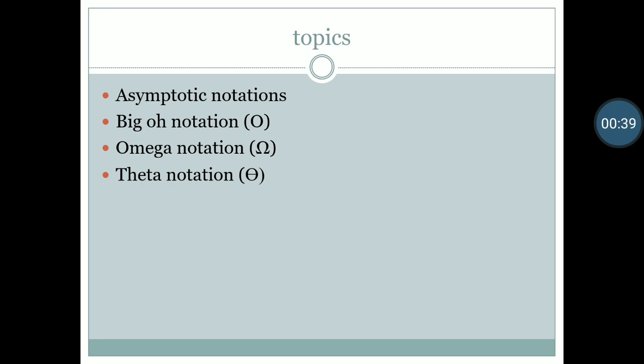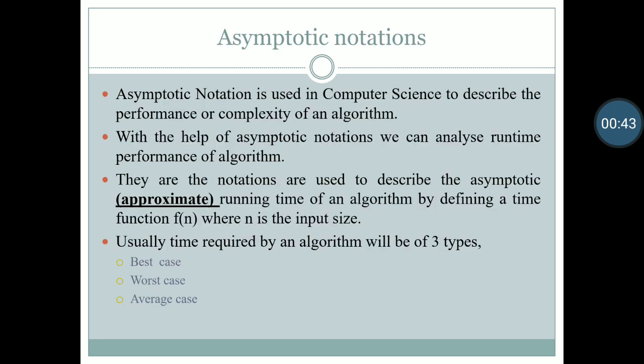So let's start with asymptotic notation. Asymptotic notation is used in computer science to describe the performance or complexity of an algorithm. Previously we have discussed complexity, which were time complexity and space complexity.